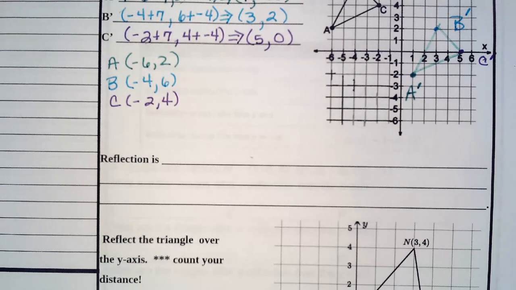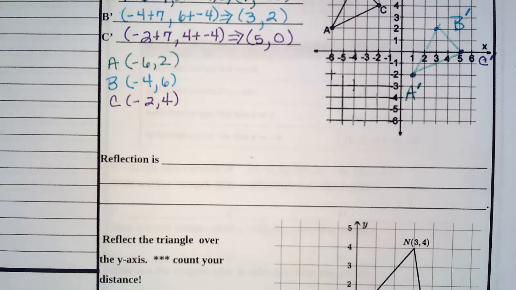So a reflection is a transformation across a line of reflection, and the line of reflection is a line such that it is a perpendicular bisector of each segment connecting each point with its image. So remember, the line it's reflected over is simply called the line of reflection.